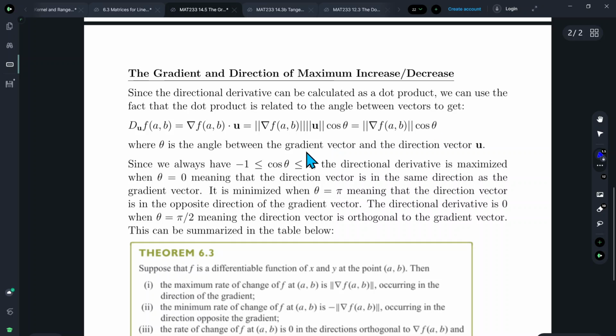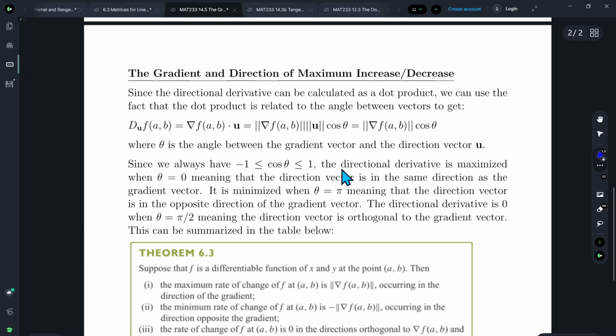Furthermore, we can see how this expression changes in value as the angle changes. First of all, the cosine function is always between -1 and +1. When the angle is equal to 0, we get a cosine of 1, and that's the maximum possible value for this expression.